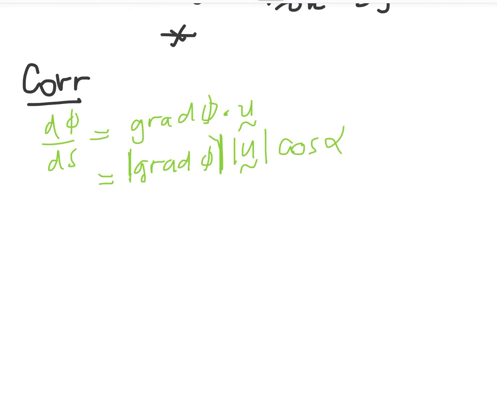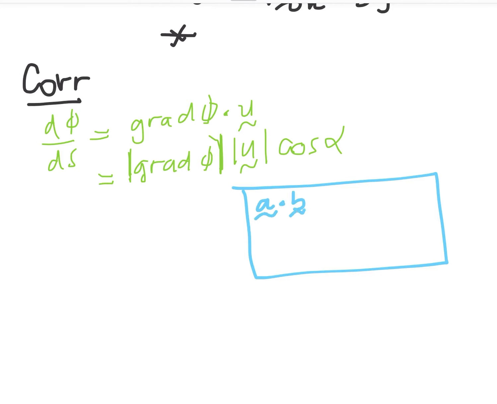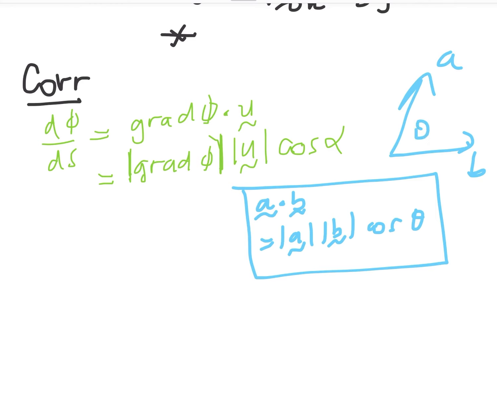This comes from some way back result. Let me just record it there. That the vector A dot vector B is also equal to the magnitude of A, the magnitude of B, the cosine of the angle between A and B. So if this is your vector A, that's your vector B, then theta is the angle between A and B. So this comes from that.